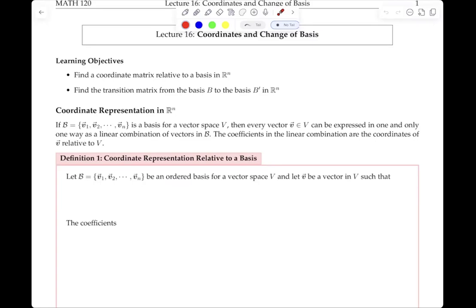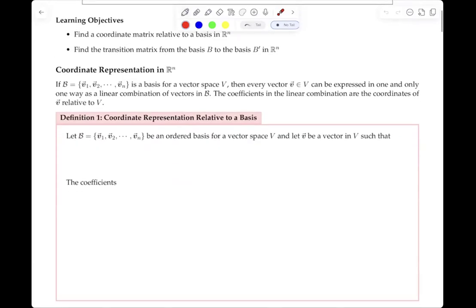And that's what we're going to look for in this lecture: those C's, the coefficients of the linear combination in one basis. Later we're going to find the change from one basis to another basis.